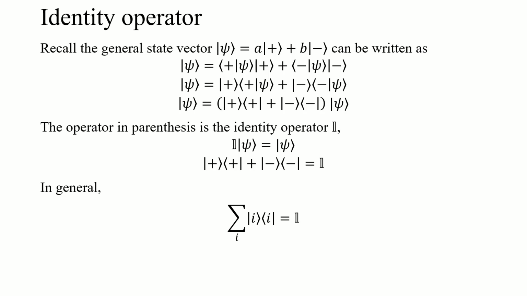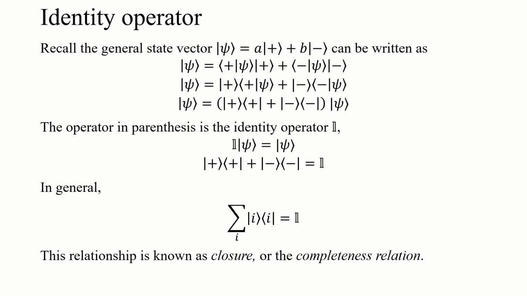For a general n-dimensional Hilbert space, that identity operator can be written as what we're going to call the outer product of all the basis vectors spanning that Hilbert space. And this relationship is actually known as closure, or the completeness relation.